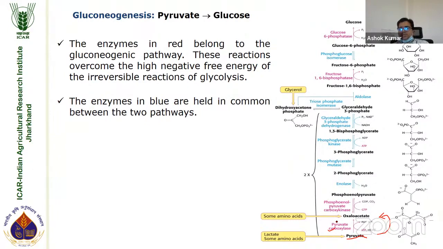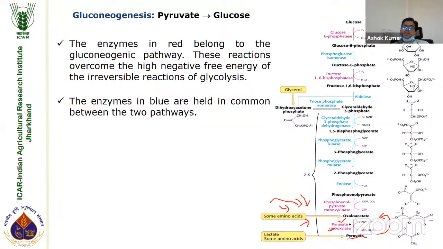Pyruvate carboxylase carboxylates pyruvate and converts it into 4 carbon oxaloacetate. Or this oxaloacetate can come directly from the TCA cycle. TCA cycle intermediates, either alpha ketoglutarate, succinate or malate, can be directly converted to oxaloacetate.